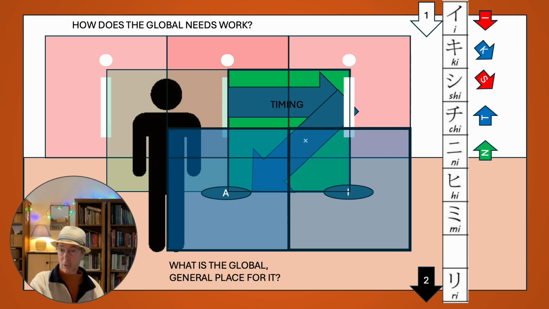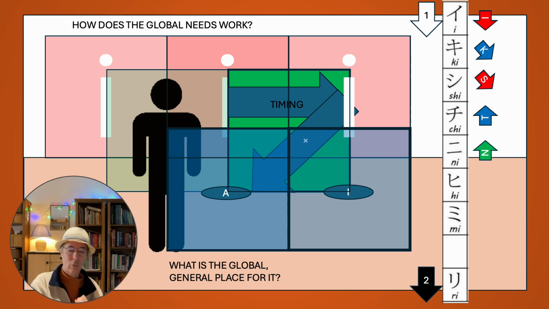But now globally again, where do we know where the needs are? What is the general place of the needs? When is something needed to change? When is something needed that we keep rolling, running, in repetition? In the E sense, E is the idea that you keep running, you can keep on using.